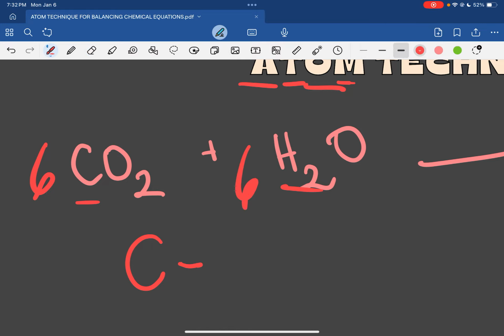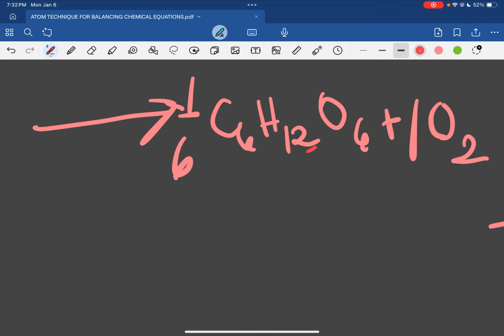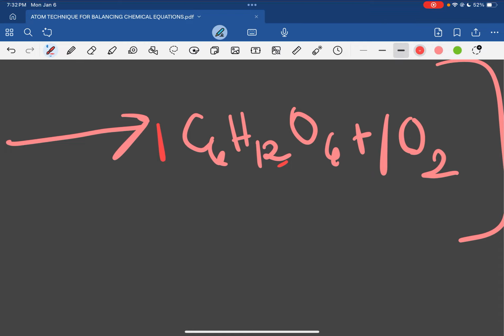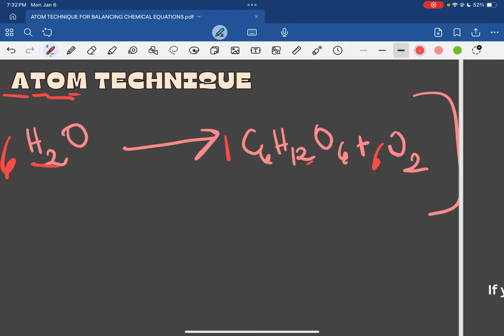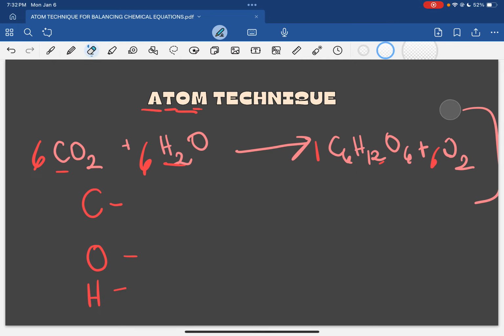So let's check if our answer is correct. In our reactant side, we have 6 atoms of carbon.